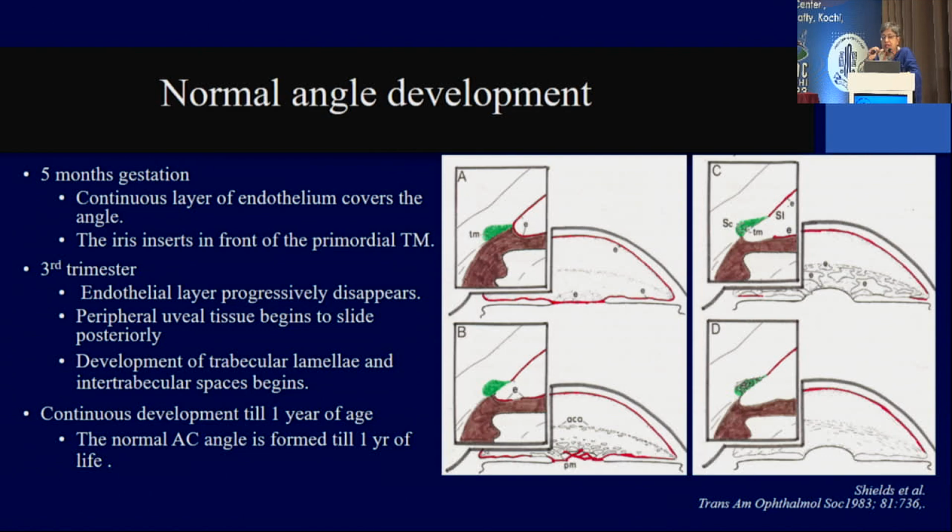So what I was saying was the lens is a regulator of trabecular meshwork development. And if you take the lens out early, then the trabecular meshwork development is arrested. Now, the clinical significance of that is in early cataract surgery, resulting in more glaucoma, the vitrectomy for ROP resulting in glaucomas.